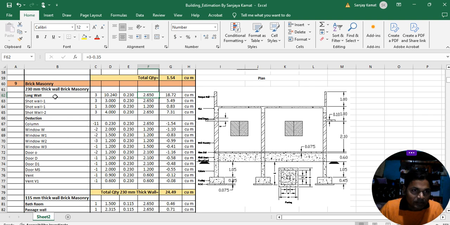Once again, we are doing this for the long wall, so 3 long walls we are going to construct. Once we know the 4 values, we multiply all of them, and you will get 18.72 cubic meter.